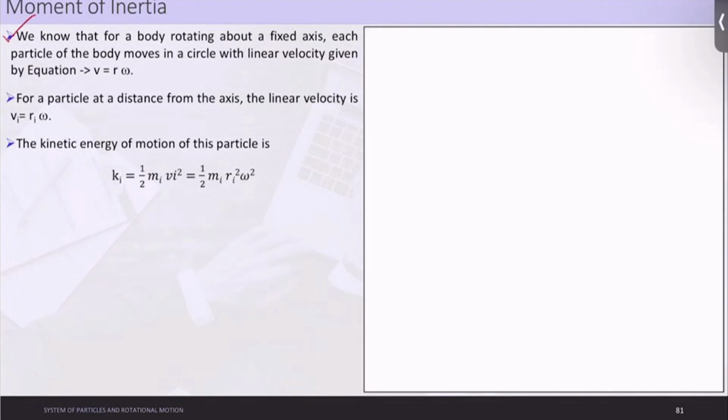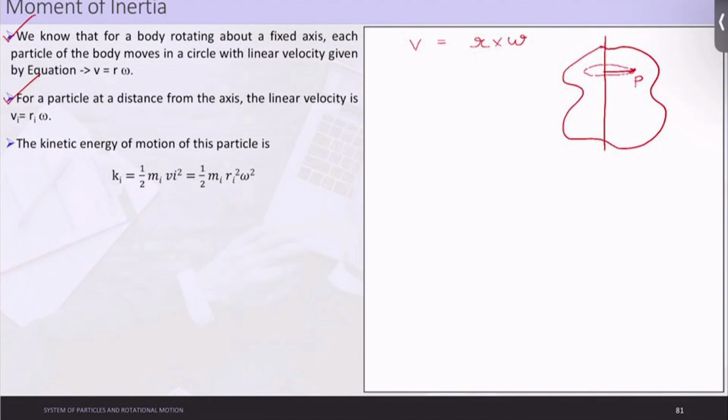Let's say this is the rigid body, and this particle P is rotating in this circle, with position vector R, velocity V, and angular velocity omega, so V is equal to R omega. For a single particle at a distance Ri from the axis, the velocity is vi equal to Ri into omega.